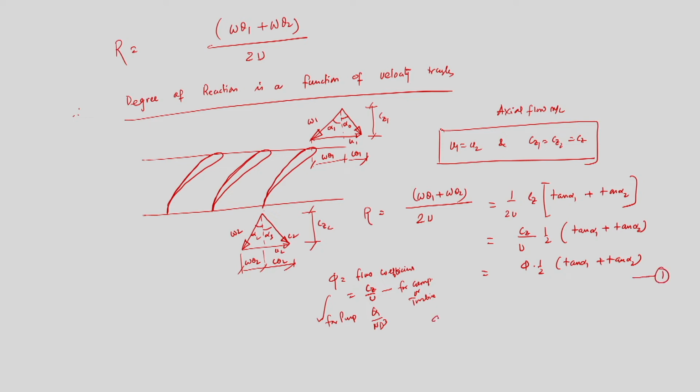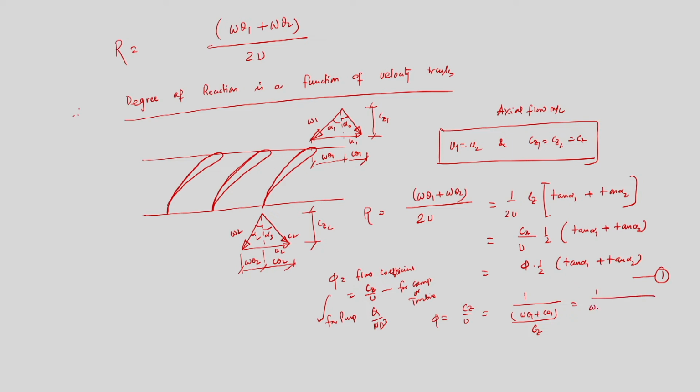Now, what is phi? Phi is equal to Cz by U. How can I write this? U is equal to W theta 1 plus C theta 1 at the inlet, divided by Cz.